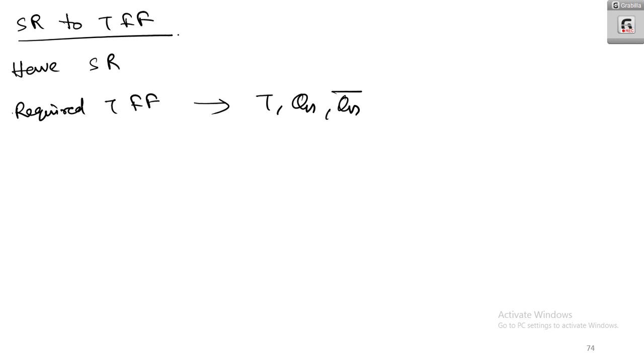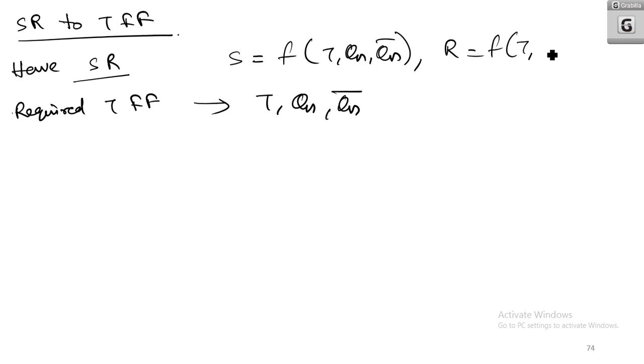So here you need to write S as a function of T, Qn or Qn bar, and R also as a function of T, Qn and Qn bar.